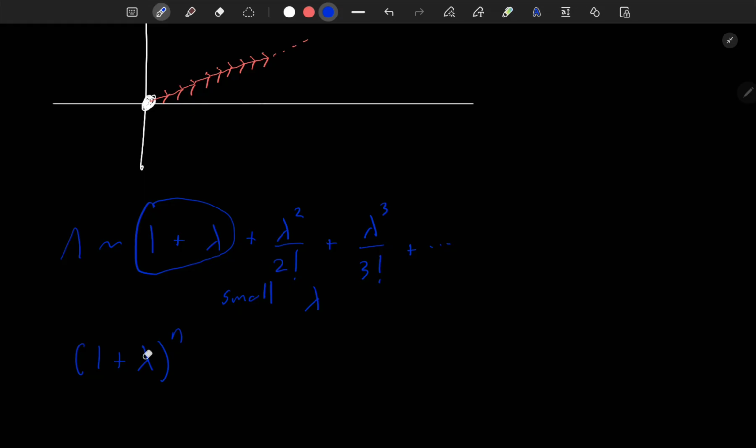And actually, let phi be the small parameter.